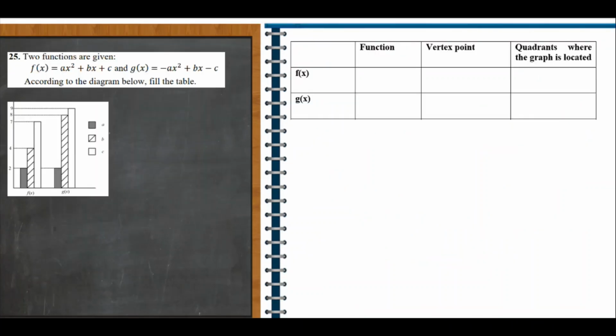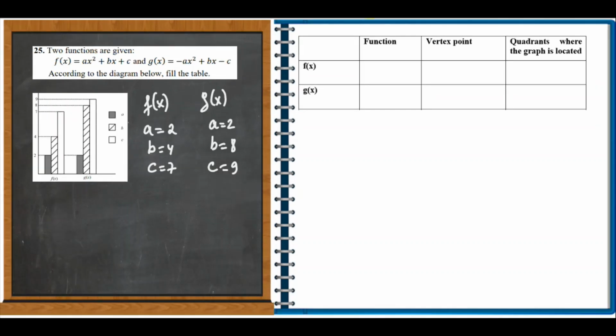Number 25. I want you to glance at 25 yourself first, then we will continue. Fx will be ax squared, which is 2x squared, plus bx, 4x, plus c, which is 7. For gx, be careful, we have negative signs in front of a and c, so that's going to be negative 2x squared plus 8x minus 9.